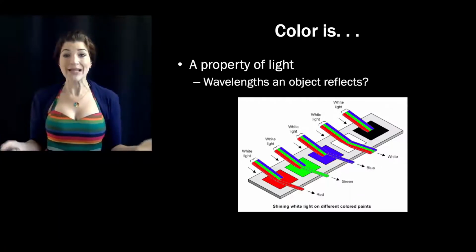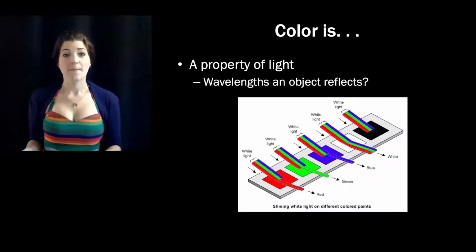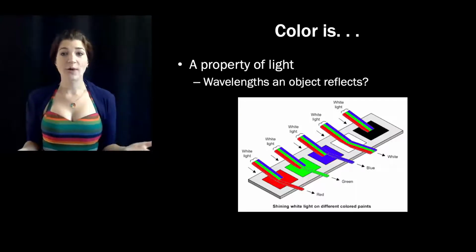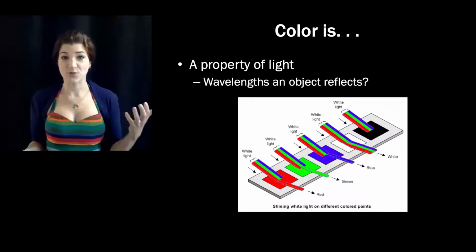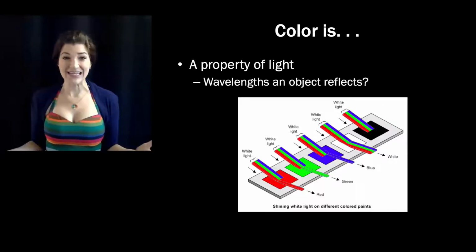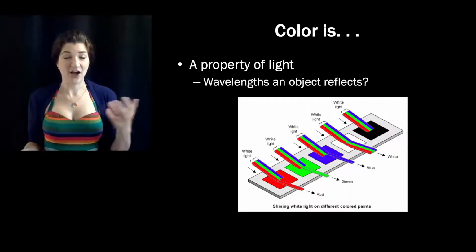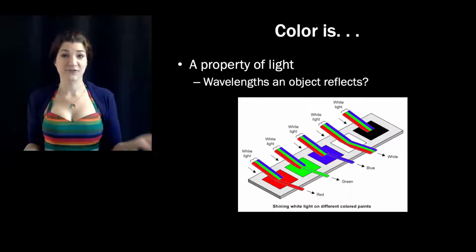So when white light that contains all wavelengths of light is shown on a red apple, that apple looks red because it's absorbing everything except the long wavelengths. So the long wavelengths are reflected back to us and appear red. So maybe we could say that red is things that reflect about 670 nanometer light, right? That the color that an object appears to be is a function of the wavelengths of light that it reflects.